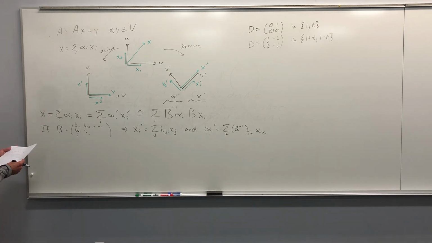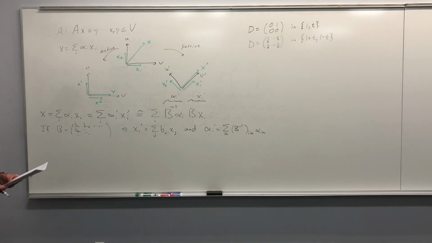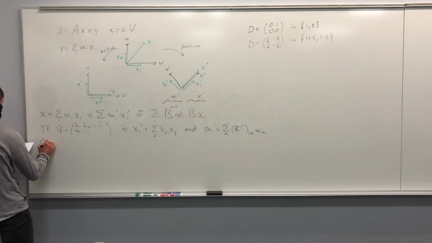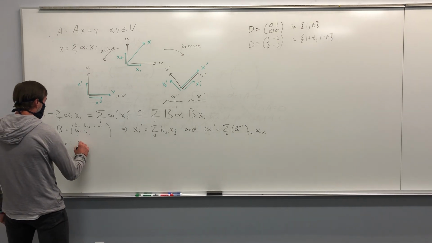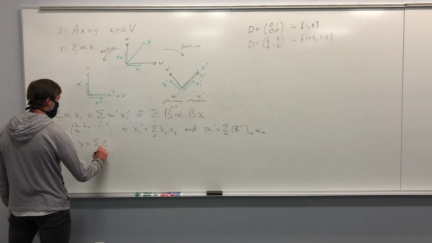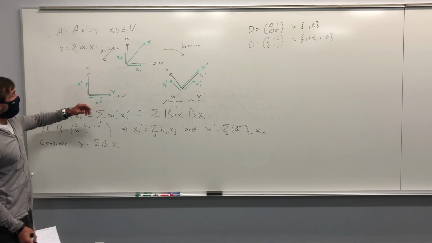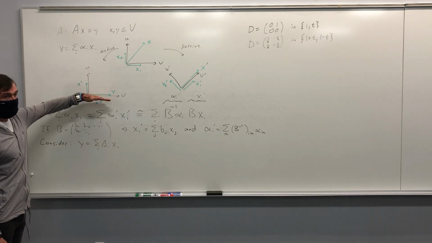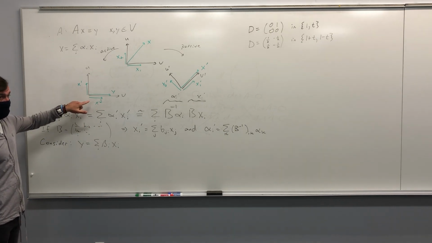All right, now, are we ready? Because now it's going to get index gymnastics heavy. Now what we want to do is consider y, which has its own set of components. We'll call them bi. And of course, y, which is the result of the active transformation, can be expressed in terms of the original basis xi.